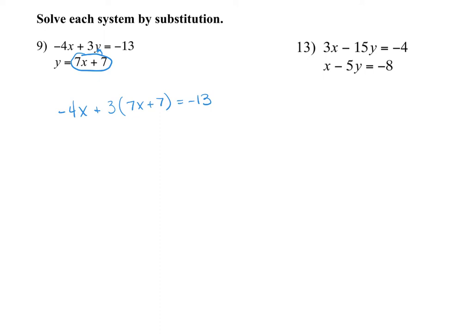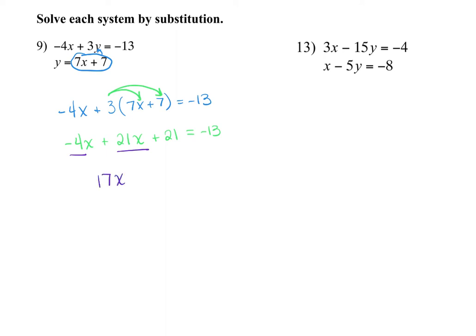Once you have substituted that variable, you're just going to solve. So in this case, I am going to distribute that 3 times 7x, 3 times 7 equals -13. I am going to combine my like terms on the left-hand side, -4 and +21.